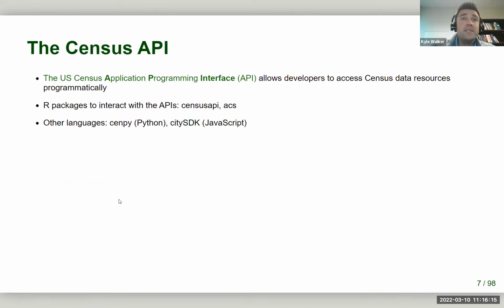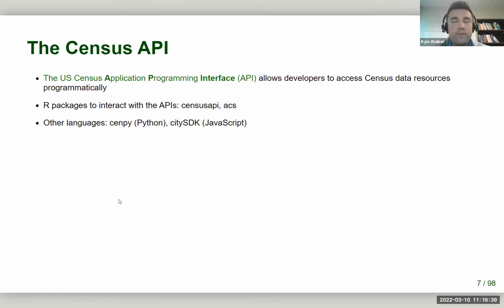So data.census.gov, which again is your data browser and general download client for census data, your main portal, is powered by the US Census API, which is a resource that's set up by the Census Bureau to allow census data to be accessed by developers programmatically.